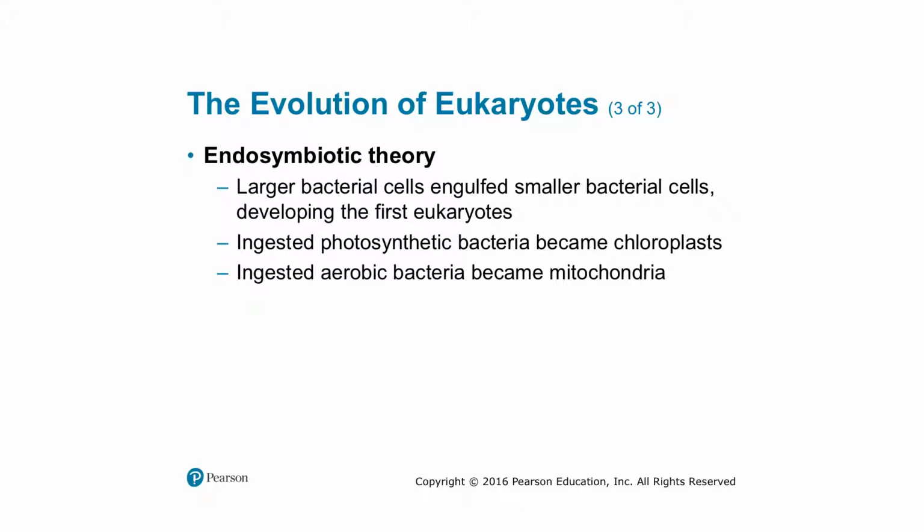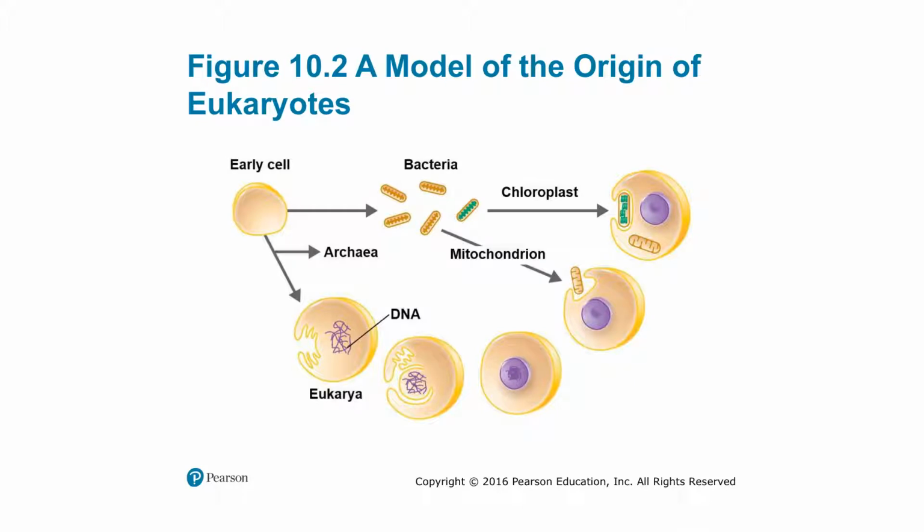They ingested the photosynthetic bacteria and those became chloroplasts, and they ingested the aerobic bacteria to become the mitochondria. And just to note, the mitochondrion came first, and the chloroplast came second on the tree of life.